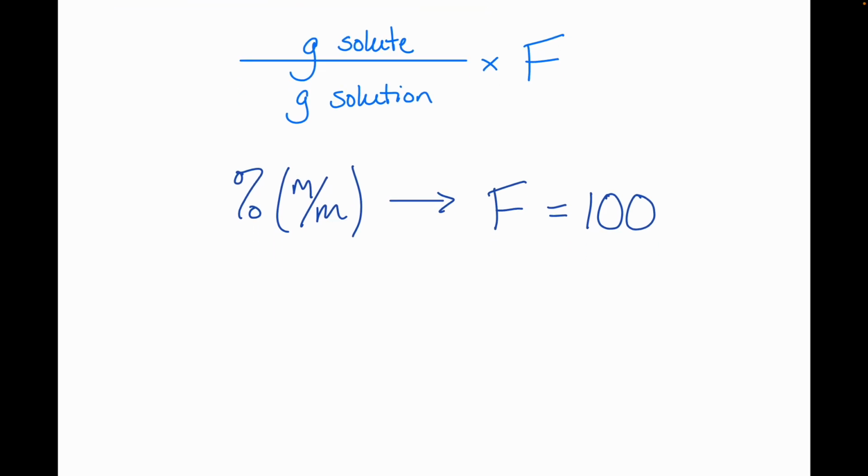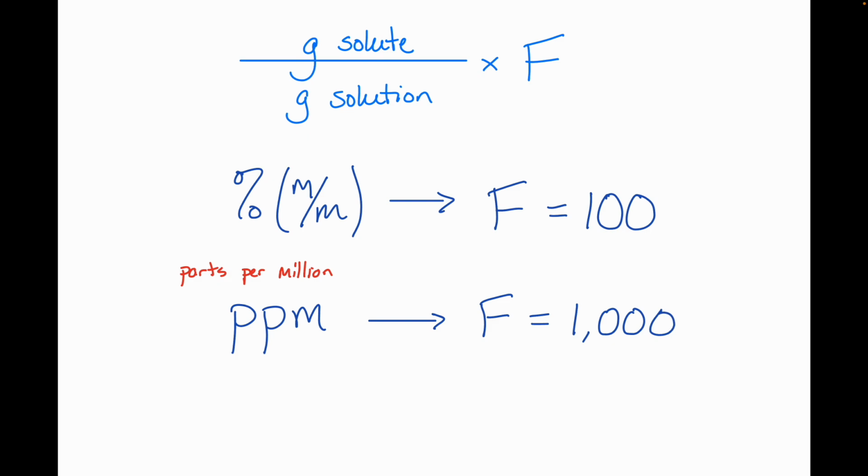So to describe those tiny quantities, they use a different set of units, what's called ppm, or parts per million. And that is just a mass percent with that value of F, instead of equaling 100, equaling a million.